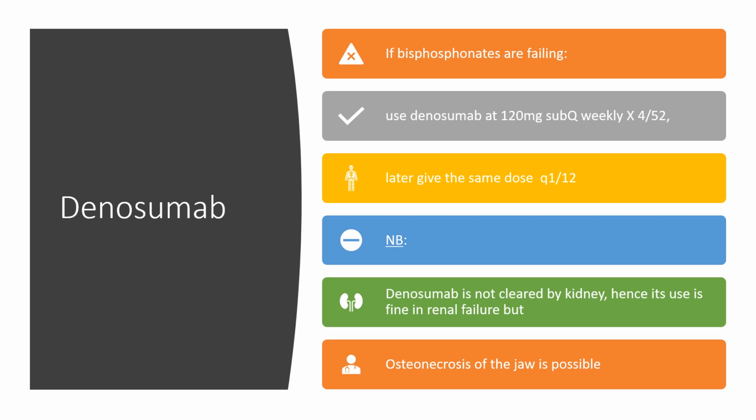Note: denosumab is not cleared by kidney, hence it is fine in the face of renal failure. That is the time you cannot use bisphosphonates. But if you are using denosumab in renal failure, expect osteonecrosis of the jaw. That is very possible.